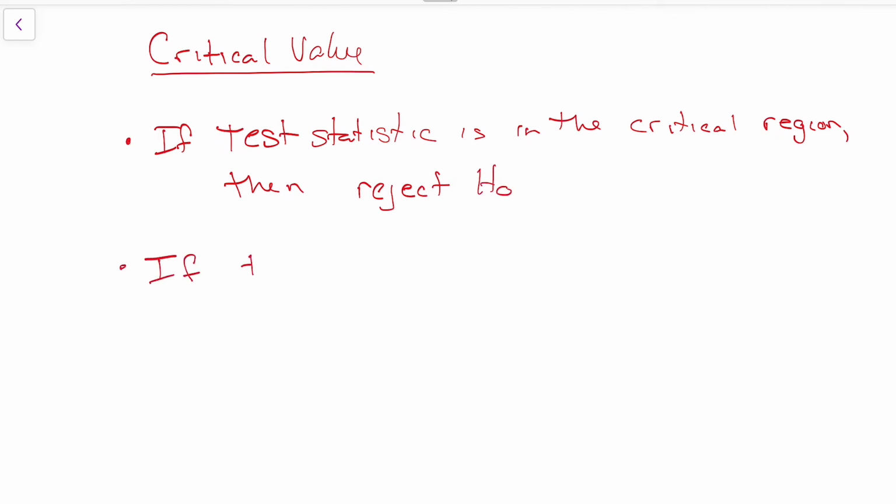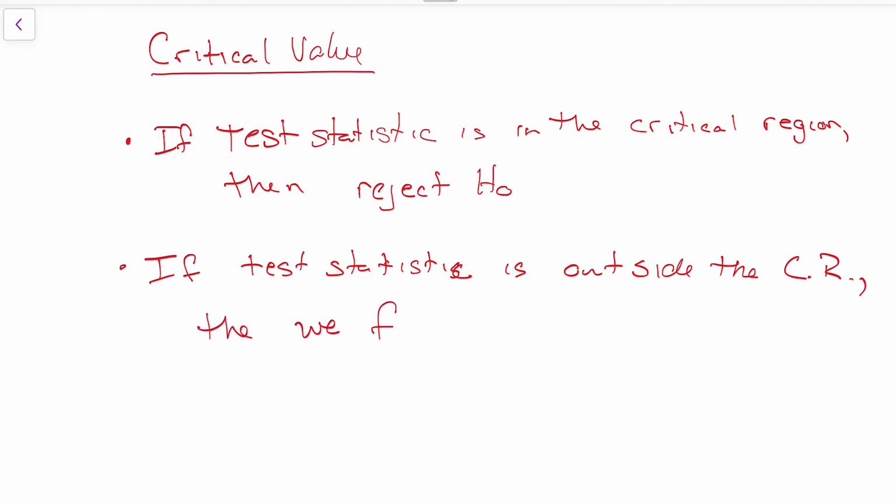However, if our test statistic falls outside of it, outside the critical region, we'll just call that CR, then we fail to reject H0. And so we saw from our example that our test statistic was in the critical region, the area to the right of the z-score of 1.645. So even that method also says that we can reject the null hypothesis.